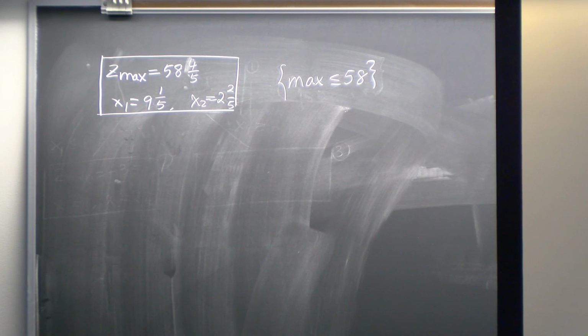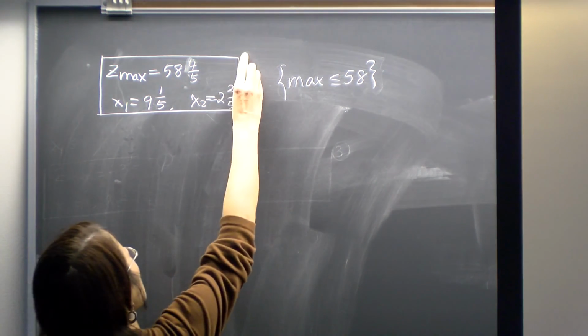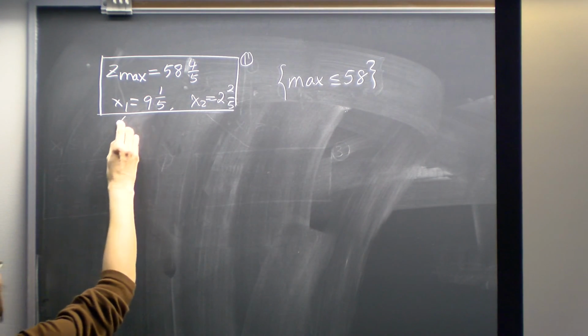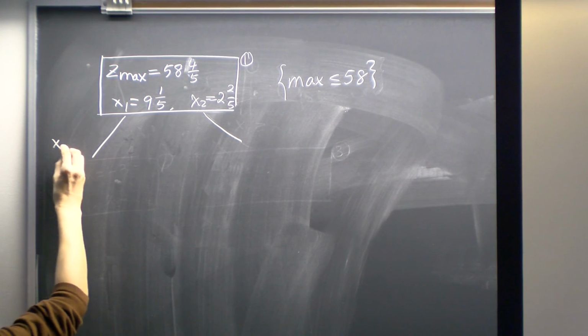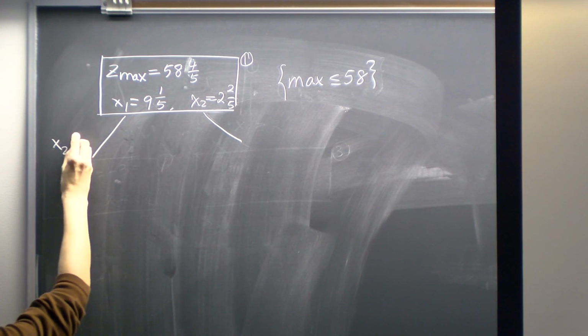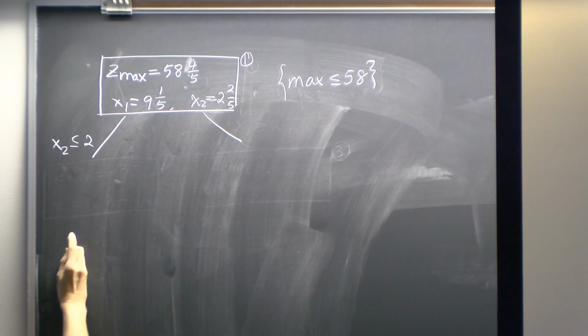Okay? Okay, let's branch out. So that's the first problem, and then let's branch out. You can pick either x1 or x2. Let's pick x2. It has a bigger fraction number, but it doesn't really matter. You can pick any one. Let's just, for the sake of variety, pick x2 less than 2.